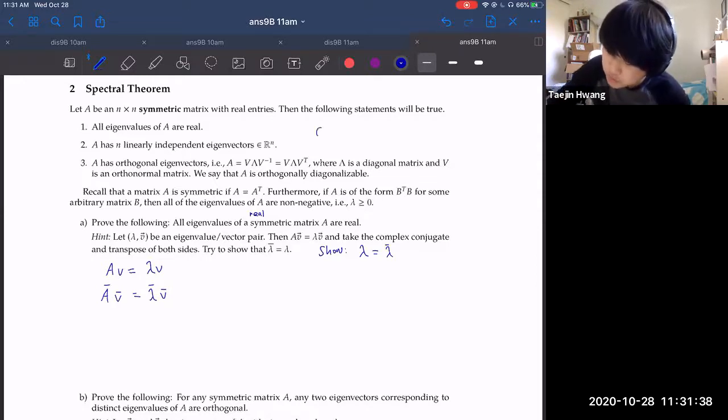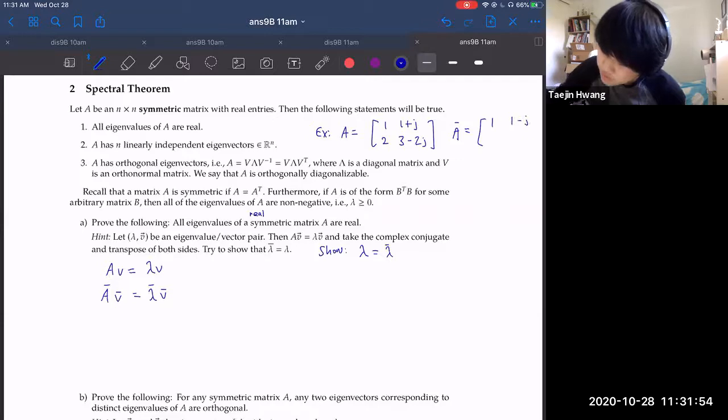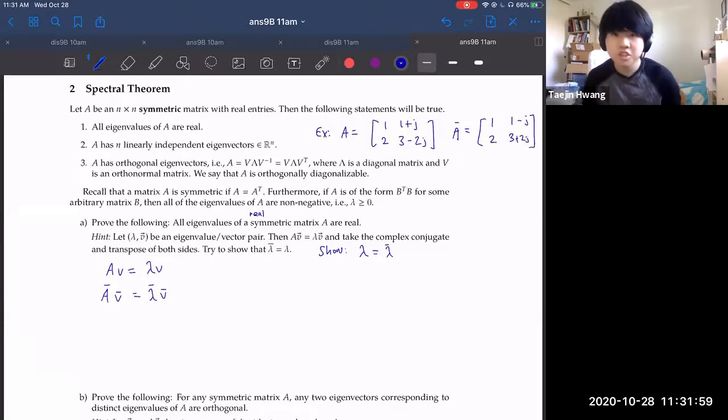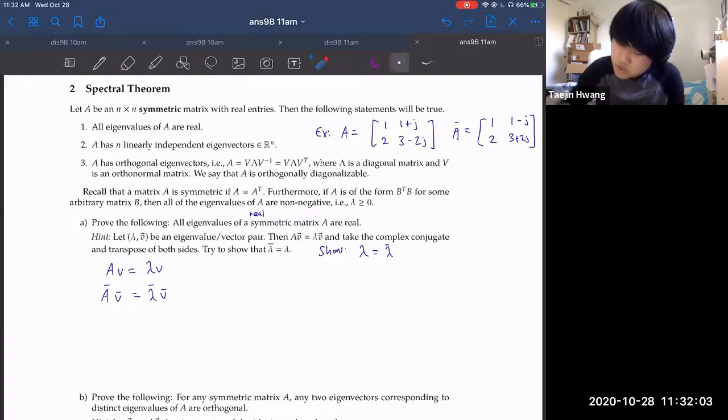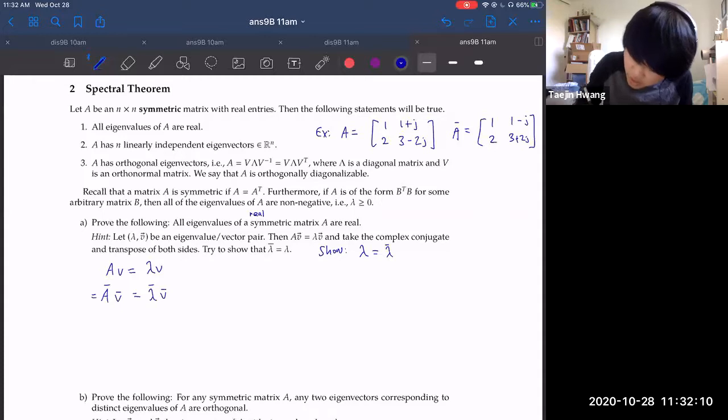As an example, if we have 1 plus j, 2 and 3 minus 2j, then the conjugate of A is going to be 1 minus j, 2 and 3 plus 2j. So we just take the complex conjugate of every single entry in the matrix. And since we're given that A is a real matrix, the conjugate of A is going to be equal to just A.